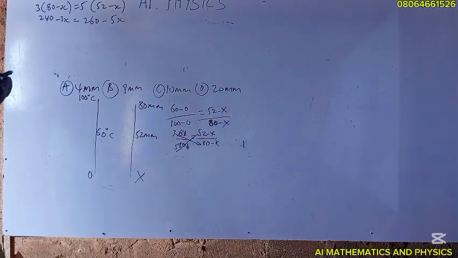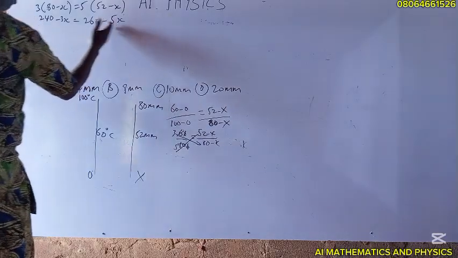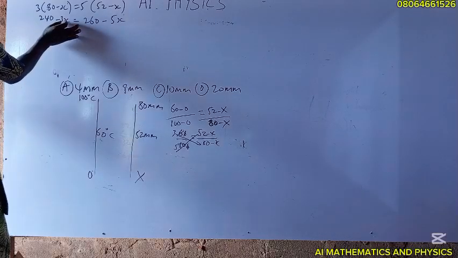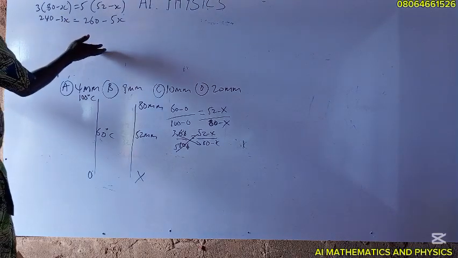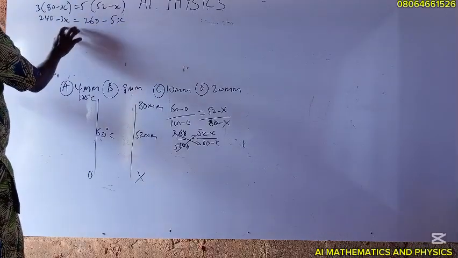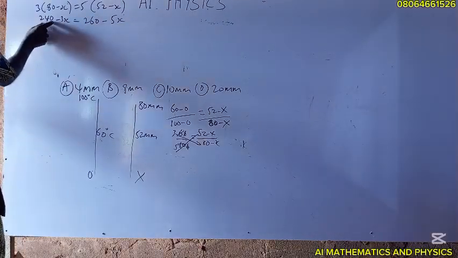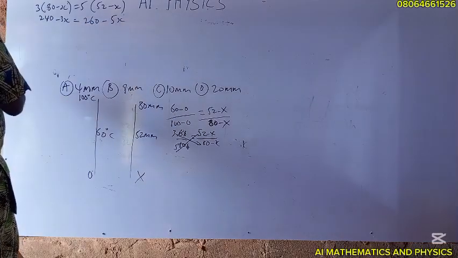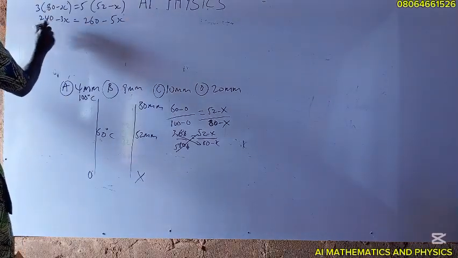Since we are looking for the value of x, we collect the like terms. Like terms means the ones that have the same value. You know, we have x, we have x. They resemble each other. This one doesn't have x, this one doesn't have x. They also resemble. You bring this one here, minus 3x here.